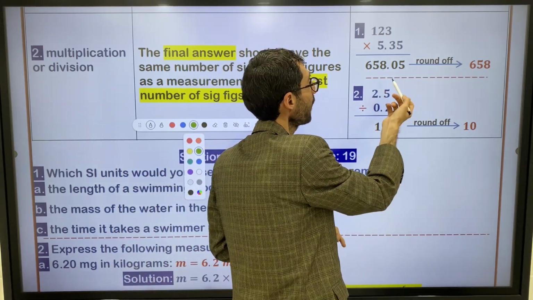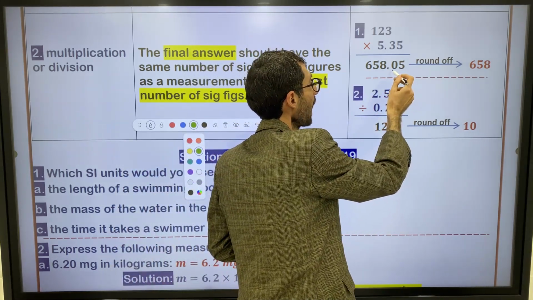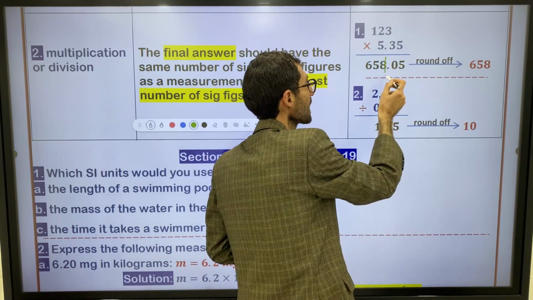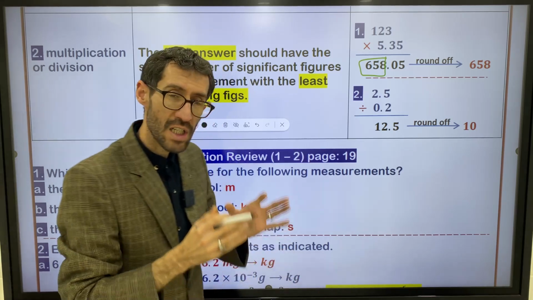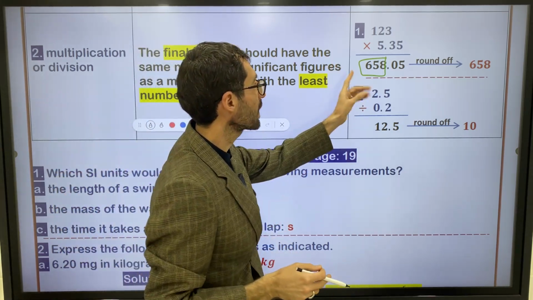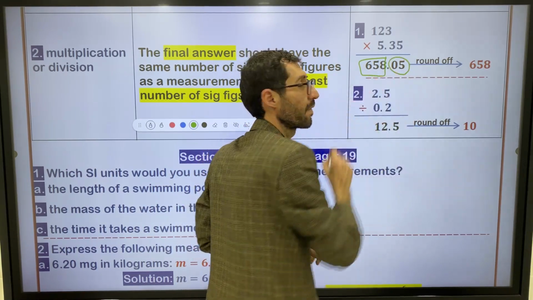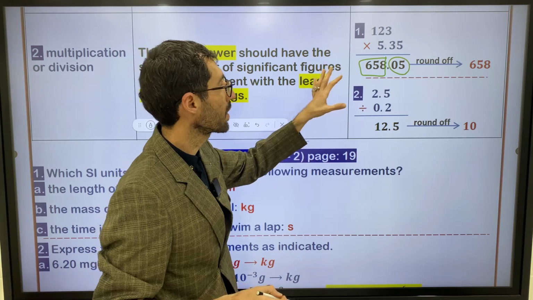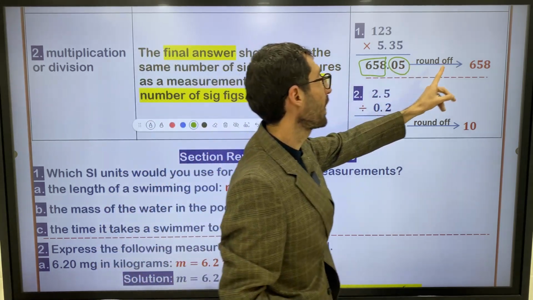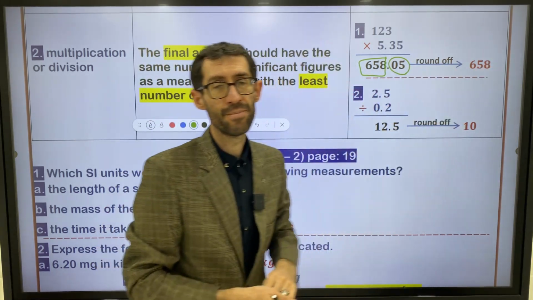How do you round it off, actually? You have to focus on these 3 figures. Just choose these 3 figures from the left side and drop the 0.05. The answer will be 658, right?